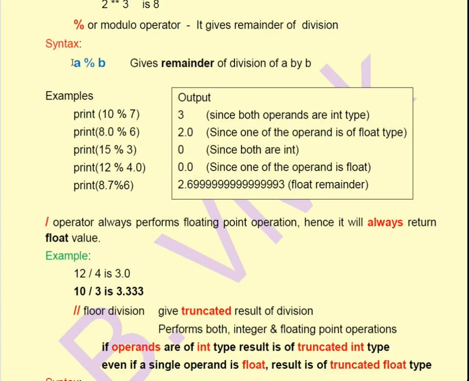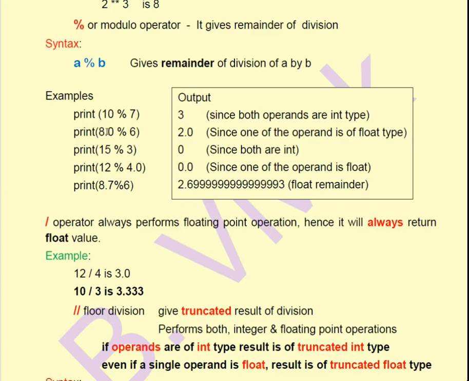Syntax is A mod B, which gives the remainder of division of A by B. Example: print 10 mod 7. Divide 10 by 7 and get the remainder. 7 ones are 7, so the remainder is 3. The output is 3. Since both the operands are of int type, the answer 3 is of int type.